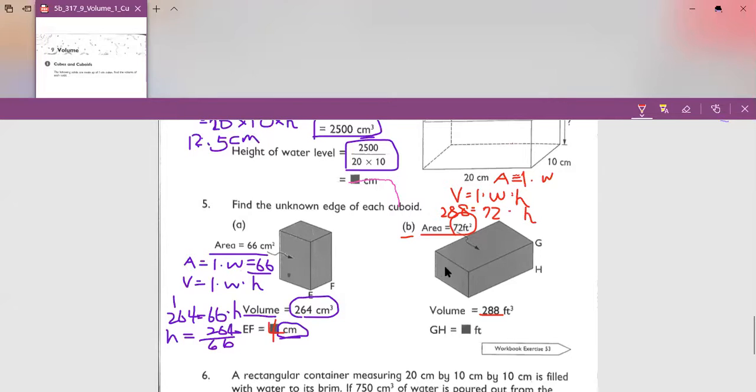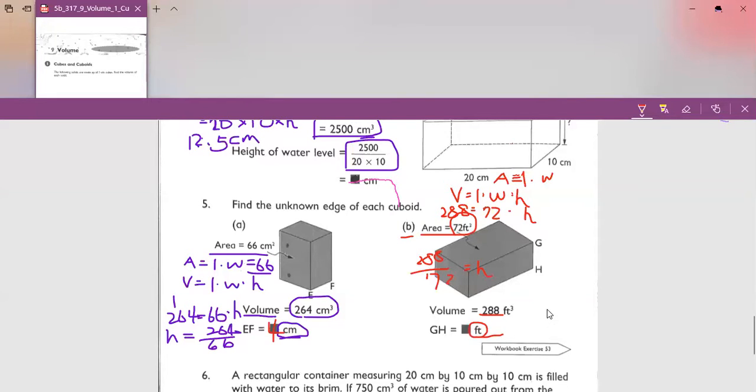So same procedure. We want to use 288 divided by 72, and then it will give us the answer for the height. Can you guys all do the calculation and give me the answer on the group chat? Again, include the unit, okay?